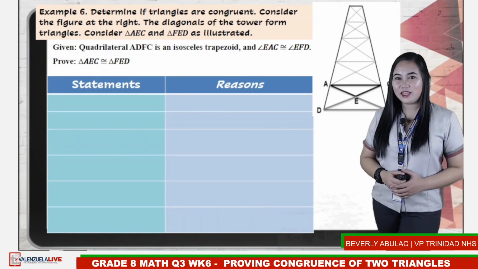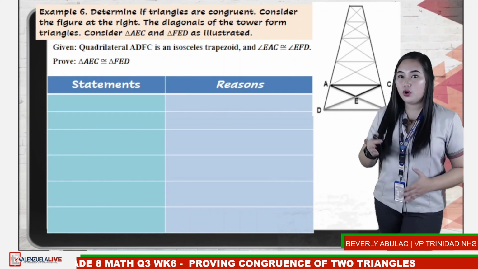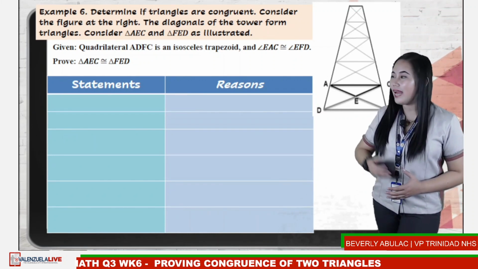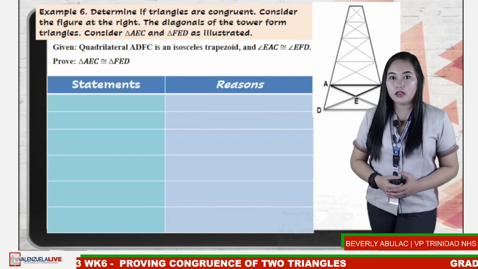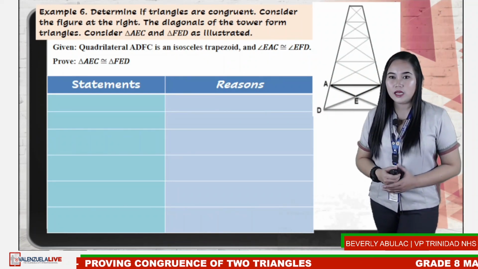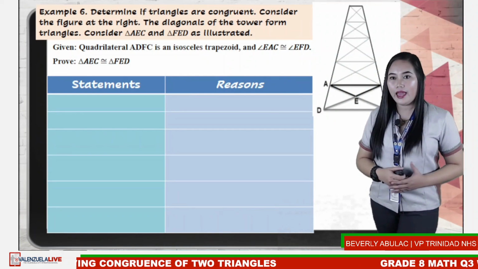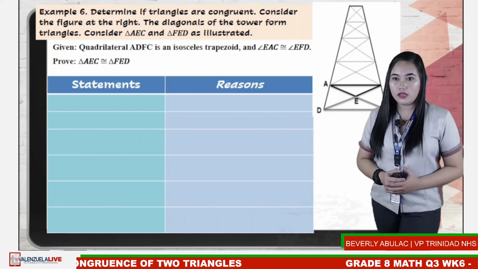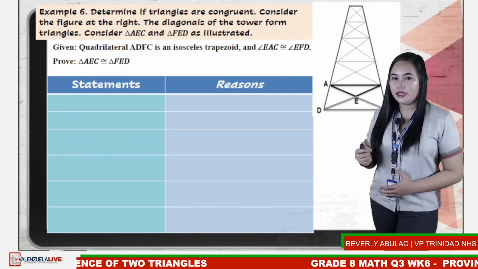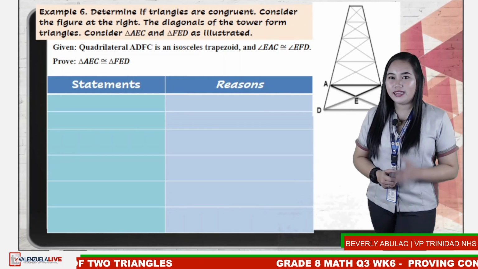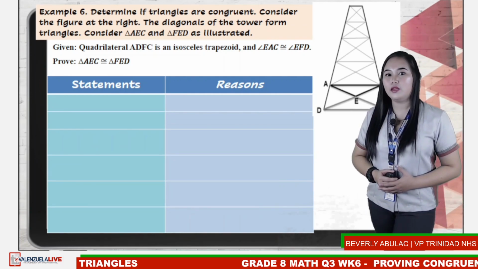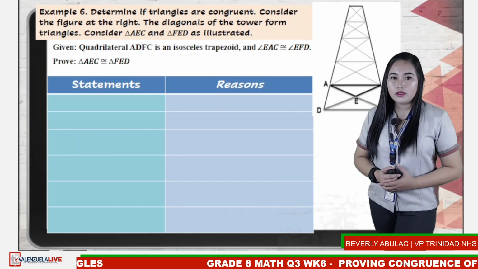Example number 6. Determine if triangles are congruent. You have to consider the figure at the right. The diagonals of the tower form triangles. Consider triangle AEC and triangle FED as illustrated. Step 1, you have to identify what the given are and what is to be proved.